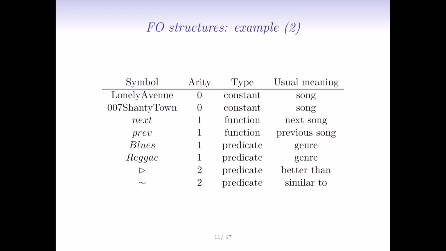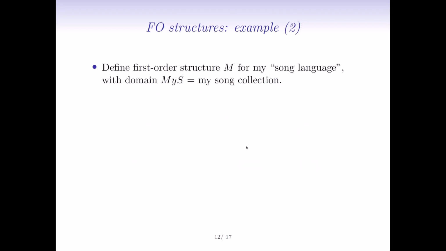So again, we can give a first order structure that interprets this language. And again, although I could pick any meanings for the functions and predicates, I'm going to pick meanings that correspond to their usual meanings as listed in this table.